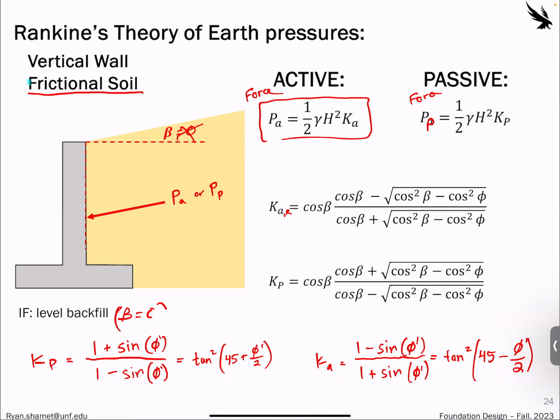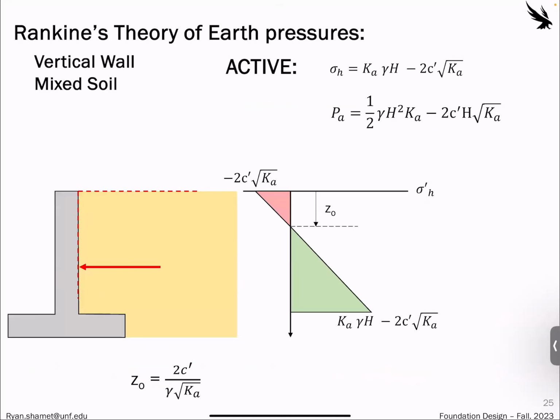Now what Rankine did was look a little bit further into mixed soils. So still homogeneous, but now this material is going to be mixed, meaning that there is cohesion and there is friction. So it's a typical soil that we usually see, where there's a little bit of both.